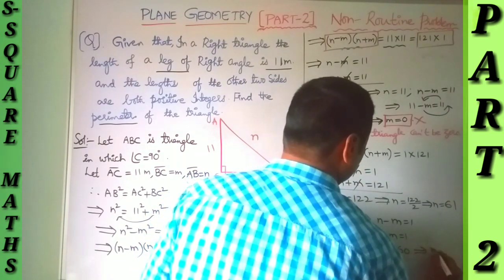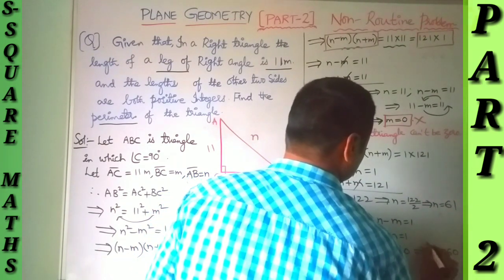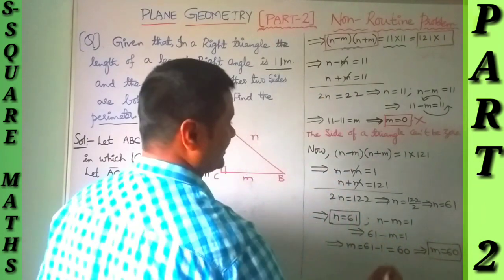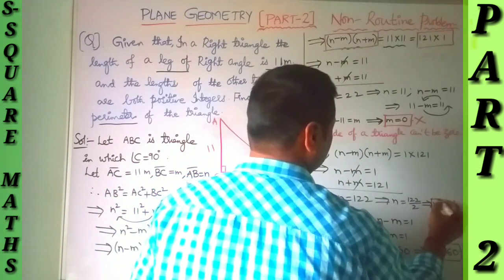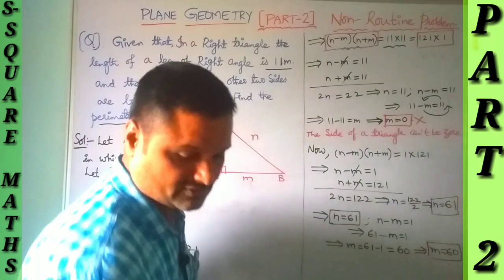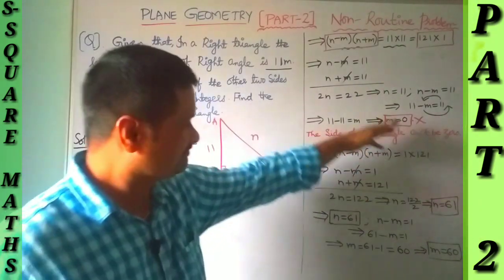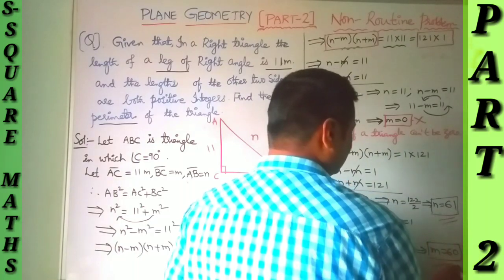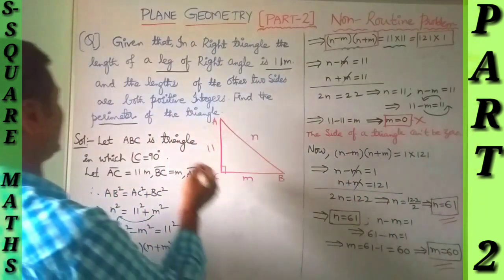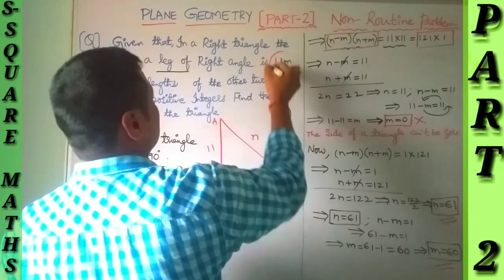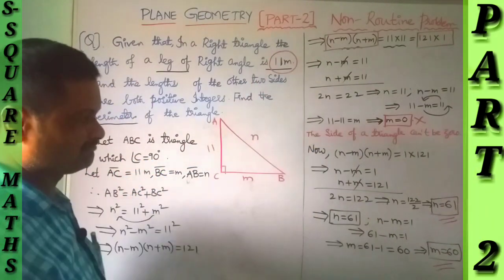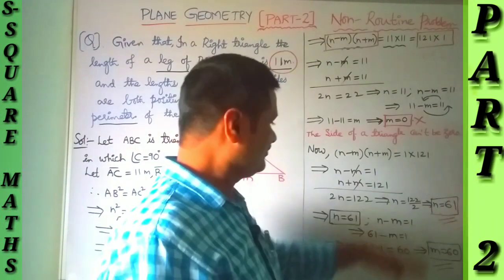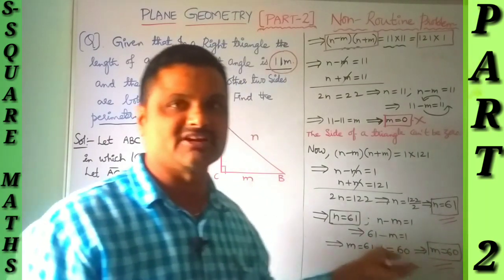So finally the m value is 60, and here the n value is 61. So with this condition I got n as 61 and m as 60, and already I have one of the sides as 11 meters. Okay, so therefore now we are going to determine the perimeter of the triangle.